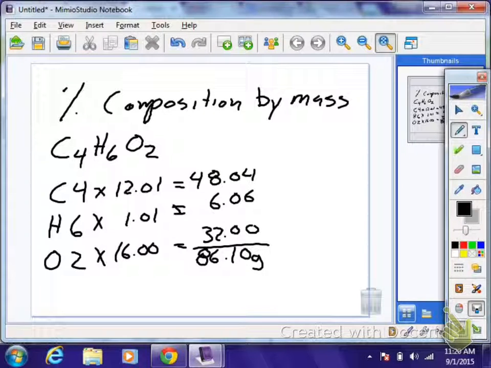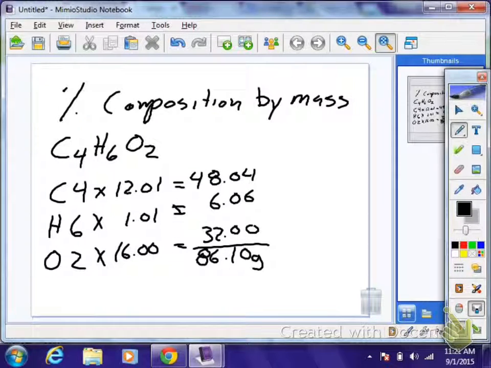Then all we need to do is take that and divide it into each weight, times 100. Then we have our percent composition by weight. So remember this? Okay?